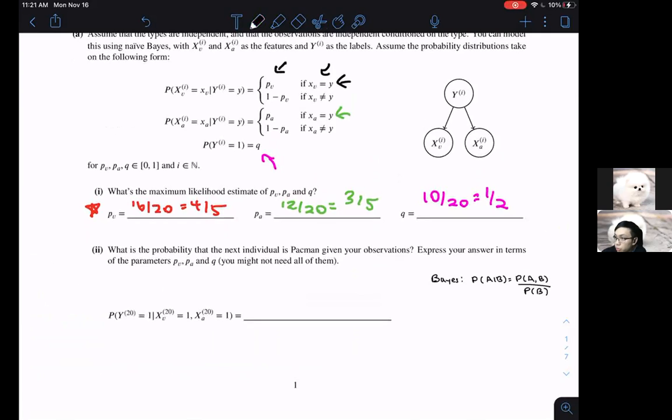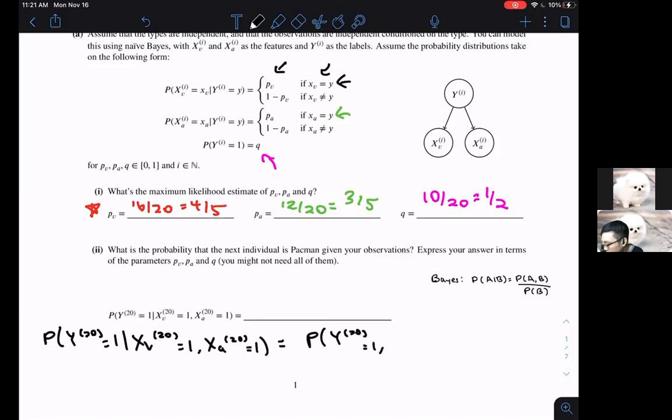And so if we're looking for the probability of Y20 equals 1, given XV20 is equal to 1, and XA20 is equal to 1, well, this is the same thing as taking the joint distribution of all those variables. So Y20 is equal to 1, XV20 is equal to 1, and XA20 is equal to 1, and then dividing by just the probability of everything on the right.